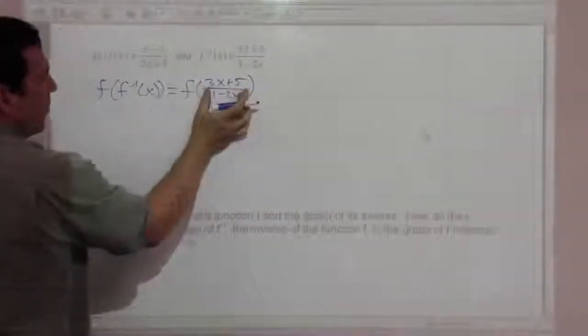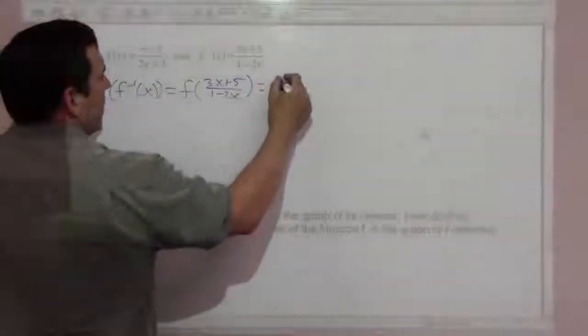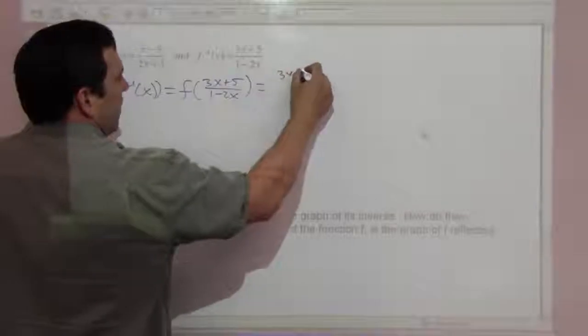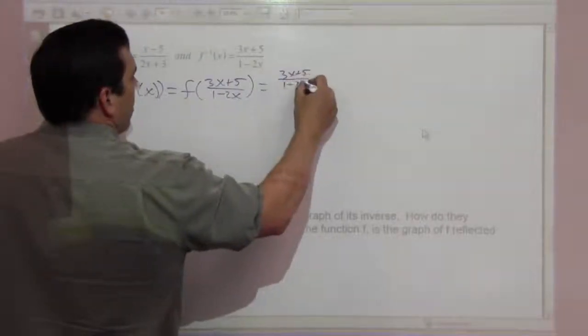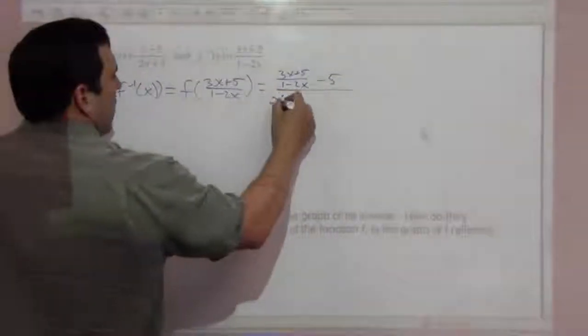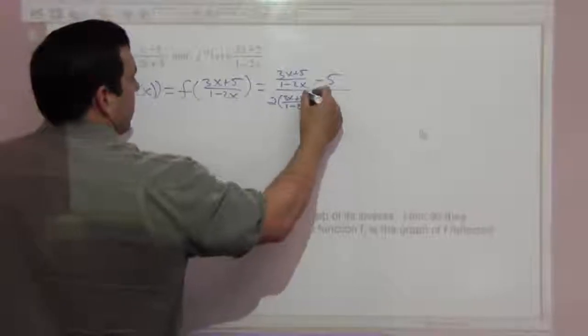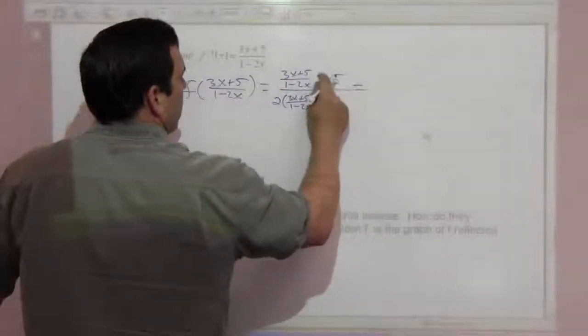So this expression goes in place of the x in the numerator and the x in the denominator. This is going to be our 3x plus 5 over 1 minus 2x minus 5, over 2 times 3x plus 5 over 1 minus 2x plus 3.